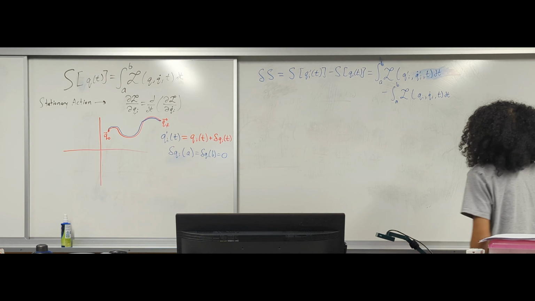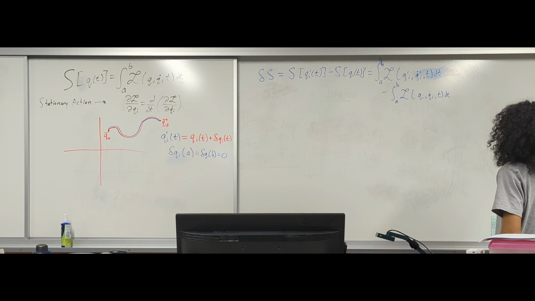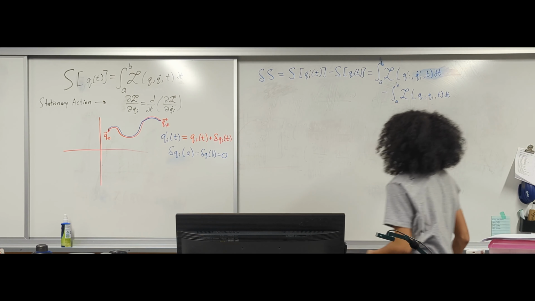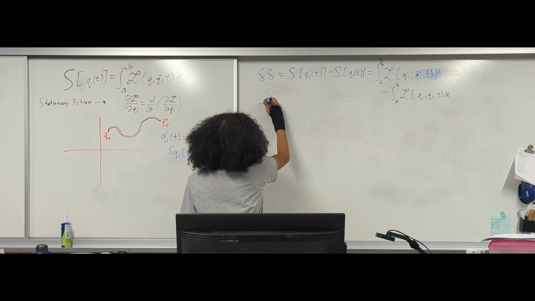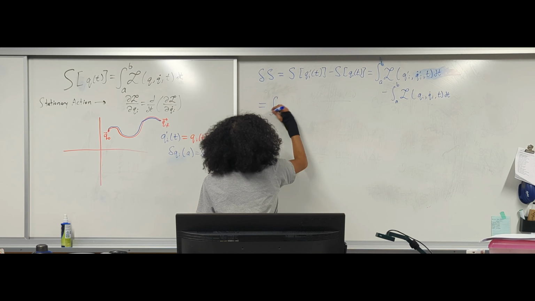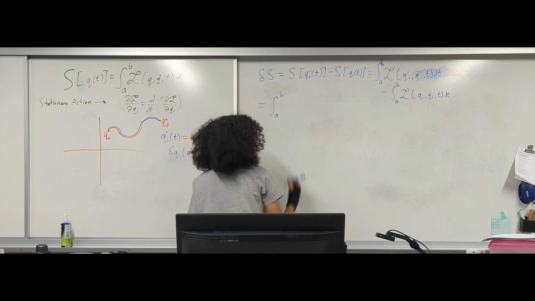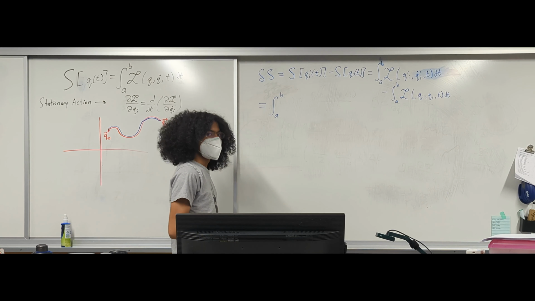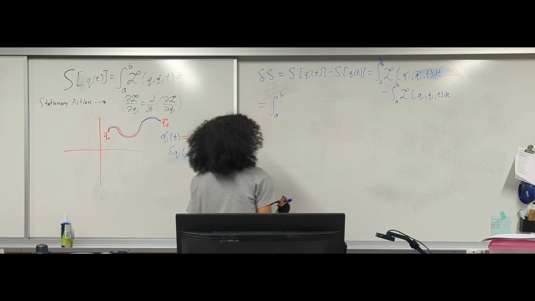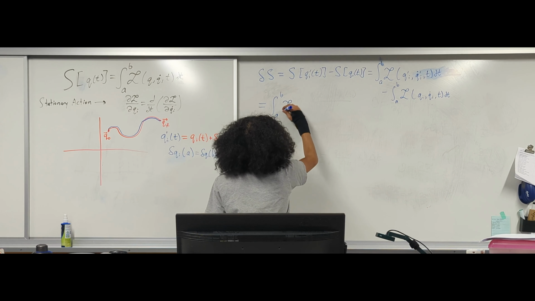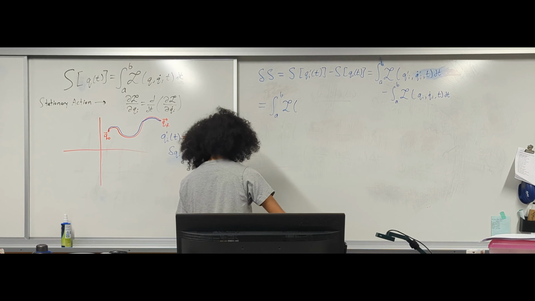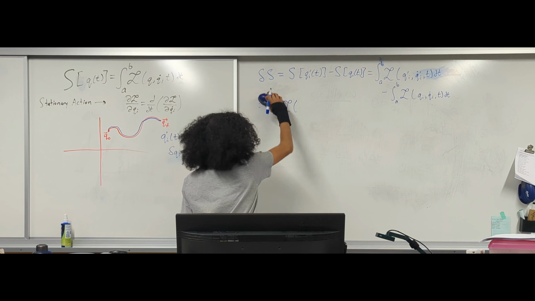So we could then treat this new value of the Lagrangian in such a way. The new value of the Lagrangian, we're essentially going to Taylor expand. So let me just isolate this term.